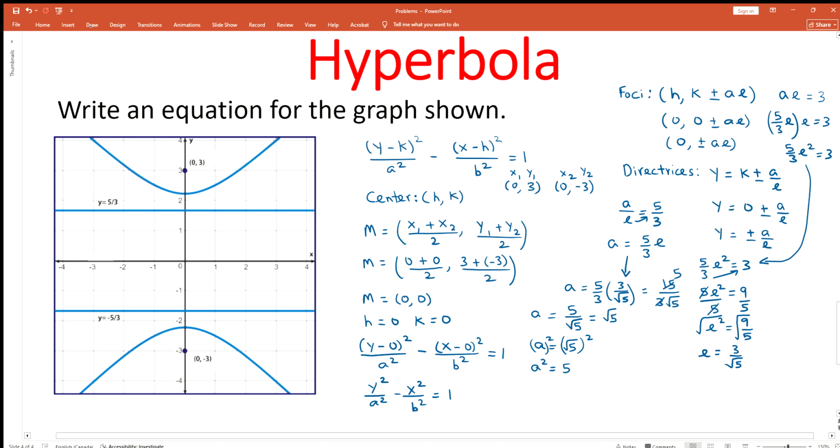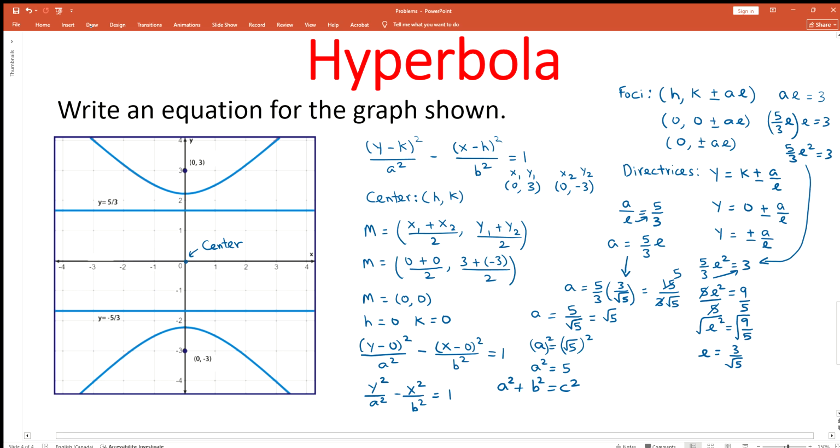Now we have to find the value of b squared. For that, we should use the equation a squared plus b squared equals c squared. In this equation, c represents the distance between the center of the hyperbola and either of the two foci points. The center of the hyperbola is at the origin, (0, 0), and the distance of the center from either of the two given foci points is 3.